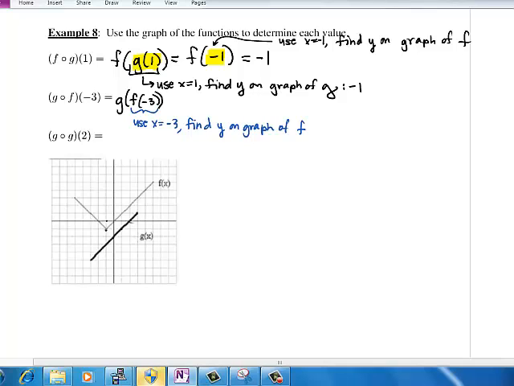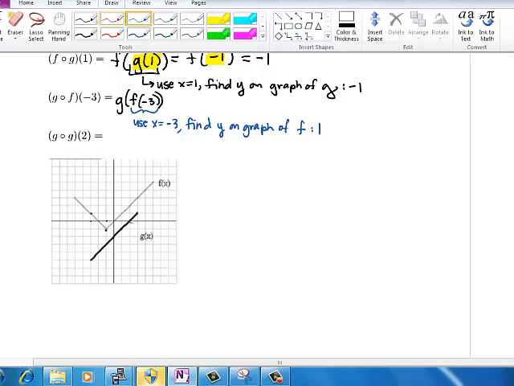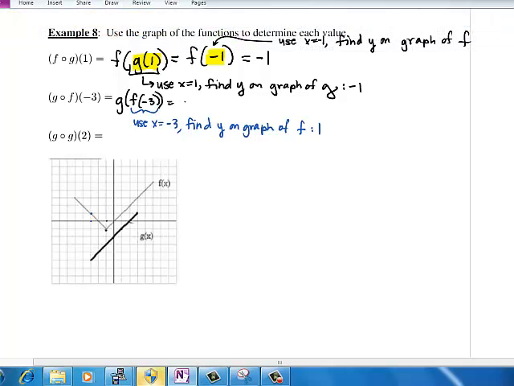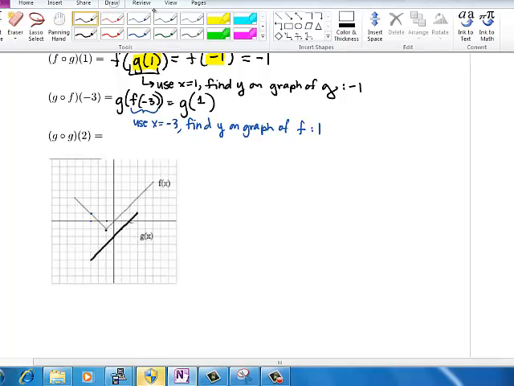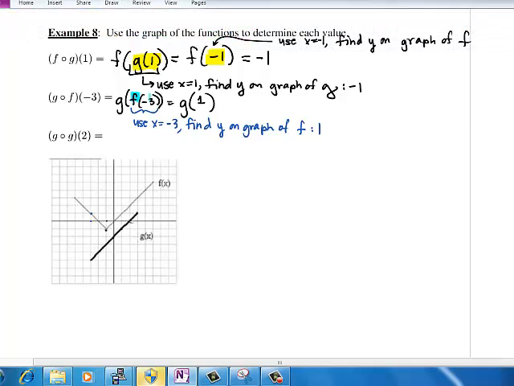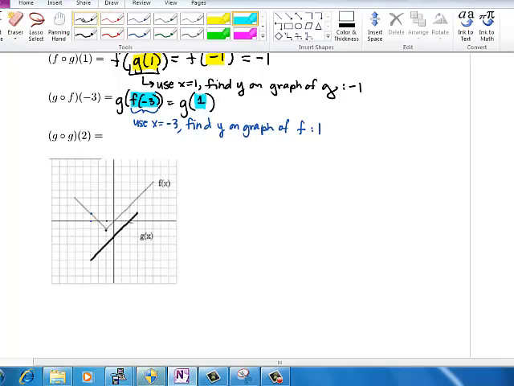So when x is negative 3, find y on the graph of f. That appears to be 1. So this is asking me to find g evaluated at 1, because f of negative 3 is 1. So replace f of negative 3 with its value, that's 1, and then do the second step.